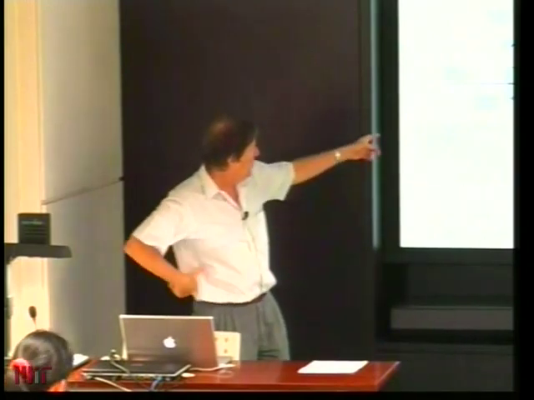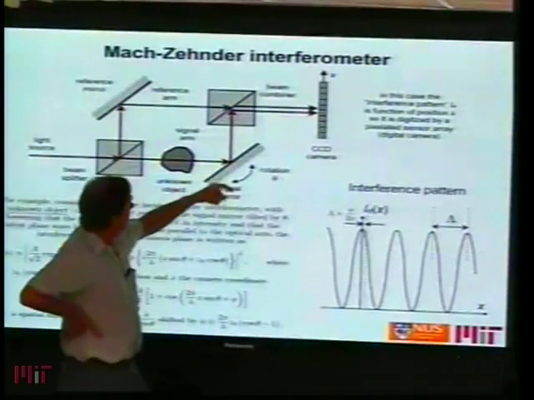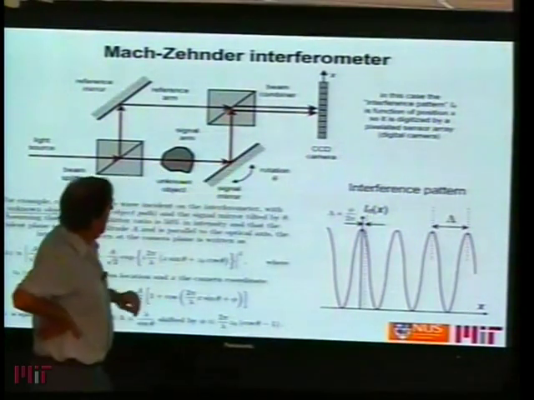So if you looked at an image of that interference, you would see a series of fringes, and the spacing between the fringes would increase as you decrease the angle. This is the same here. We're getting the offset between these two beams by rotating this mirror slightly.